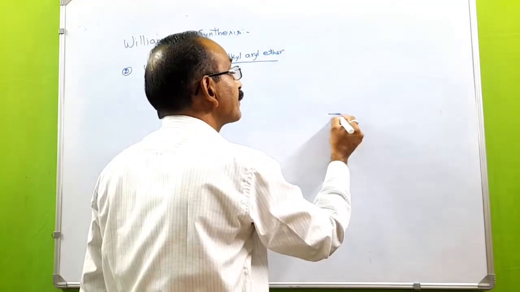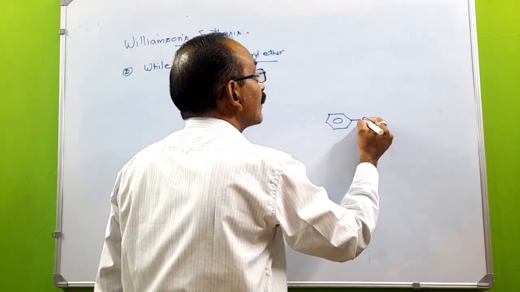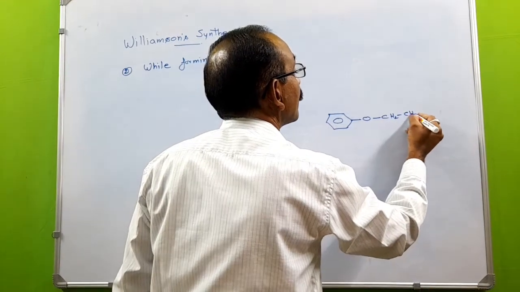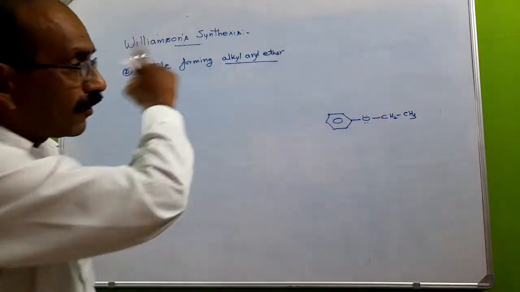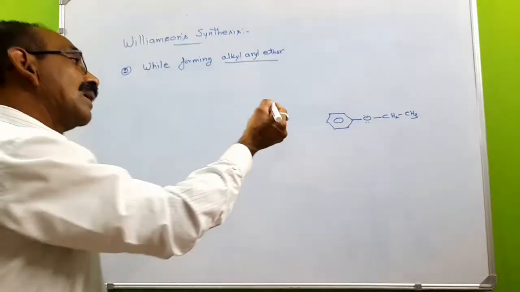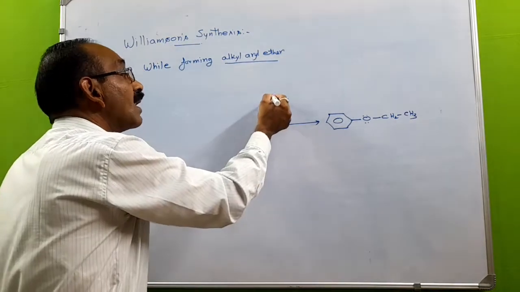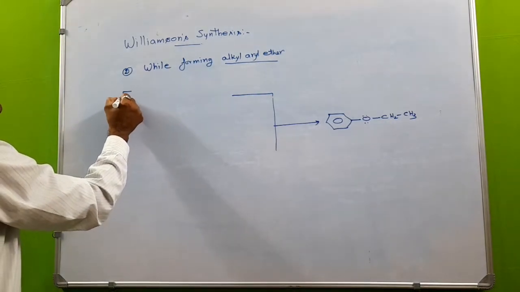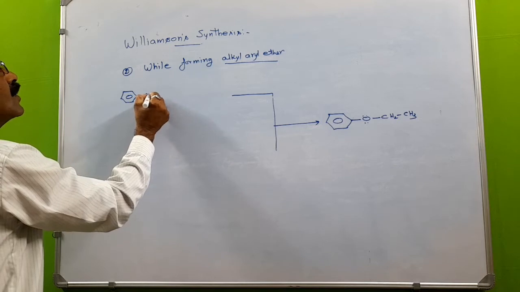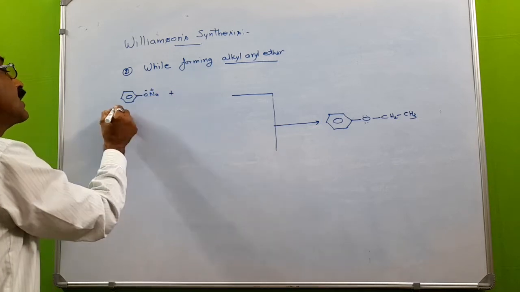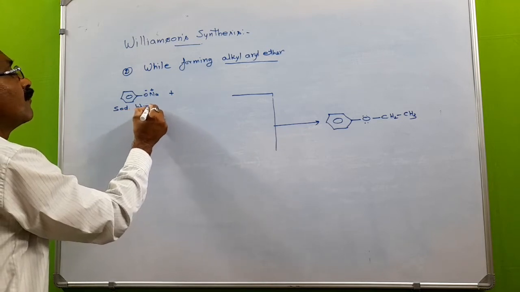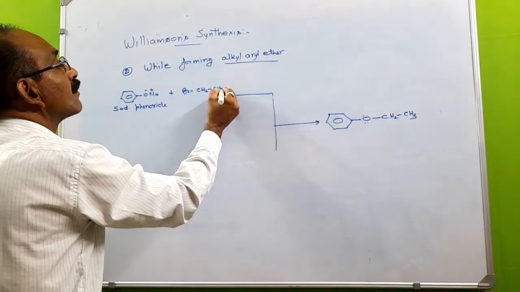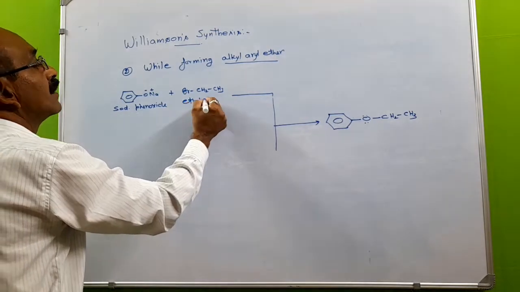Here this is an example of an alkyl aryl ether. While making this type of ether, we may obtain this particular ether by treating sodium phenoxide with ethyl bromide.